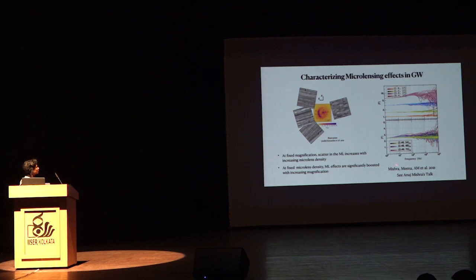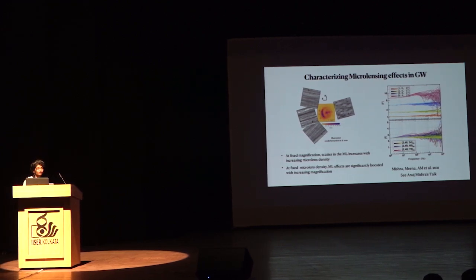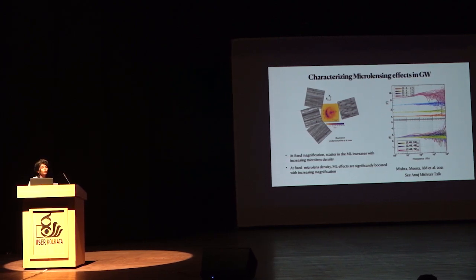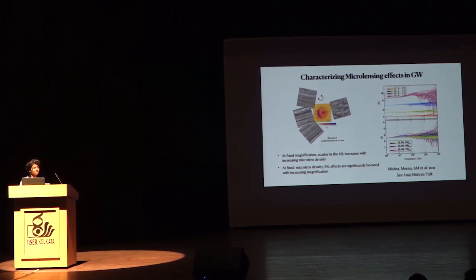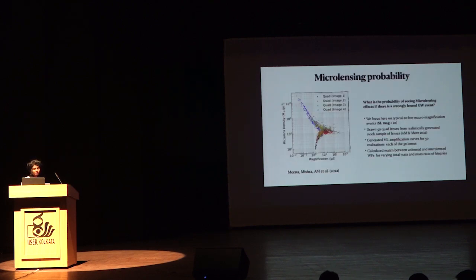In this work, Mishra et al., we have tried to quantify which are the dominant effects, and we find that the strong lensing magnification is the most important effect, and that really boosts the amplitude of the microlensing distortions that we will see in the data. You can hear more about the microlensing analysis and any other biases in the parameter estimation in Anuj Mishra's talk, which will be in one of the parallel sessions.